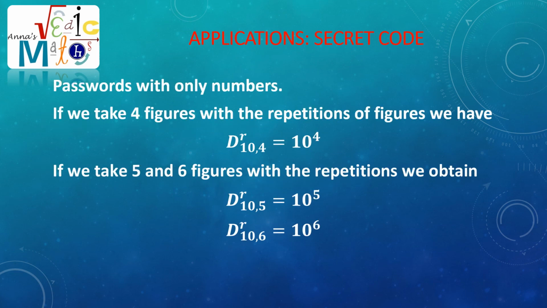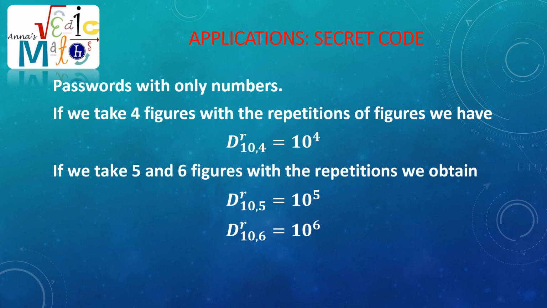If in the code number we want to repeat the figures, we have to use the disposition with repetition. So, if we want to put 4 figures, we have the disposition with repetition of 10 elements taken 4 at a time, that is 10 raised to the 4th.